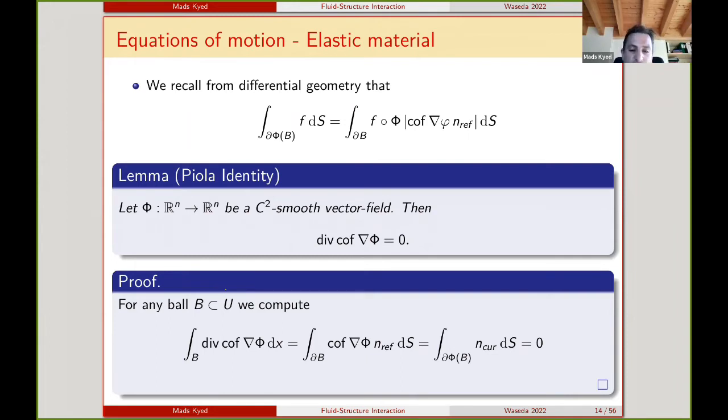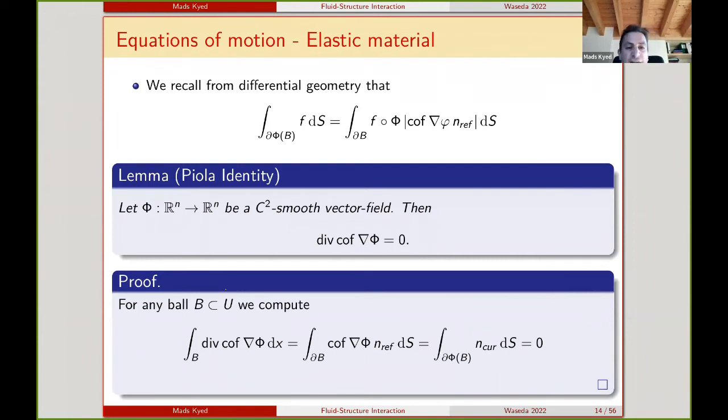Okay, I'm cheating a little bit here because in order to use the formula from the previous page, we need the gradient of phi to be invertible, so non-singular.